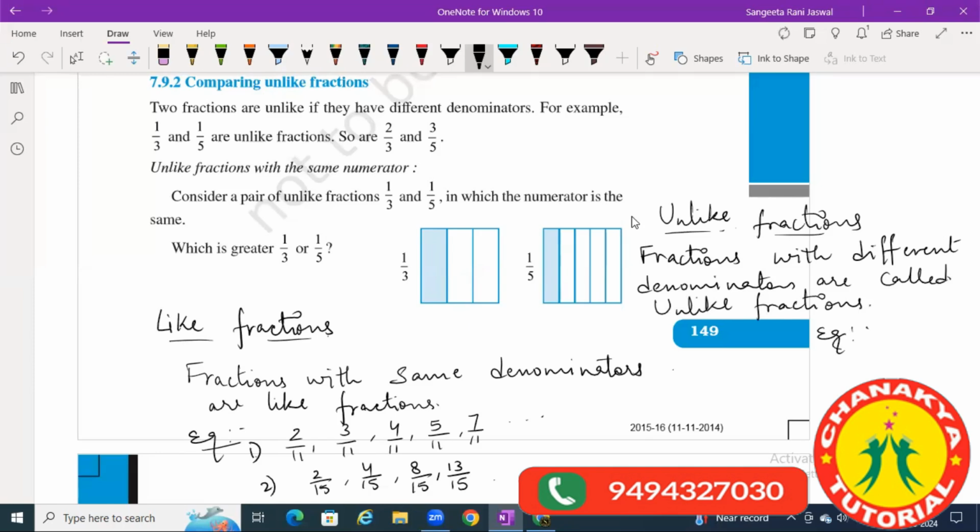Like say 2 by 5, 3 by 7, 7 by 12. This is one example.